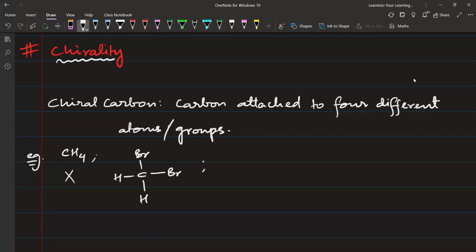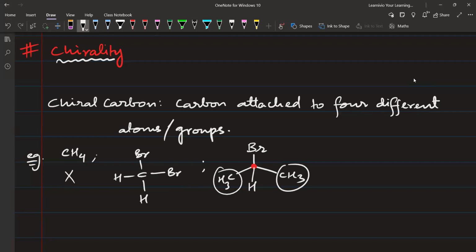No, sir. What about this red carbon? This is Br. What about this red carbon atom? This is CH3 and CH3. Is it attached with four different groups? No, sir. This CH3 and this CH3 are the same, and there is one atom which is not shown here, which is hydrogen.